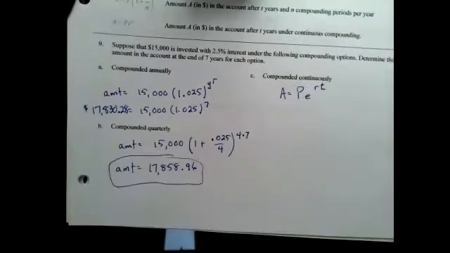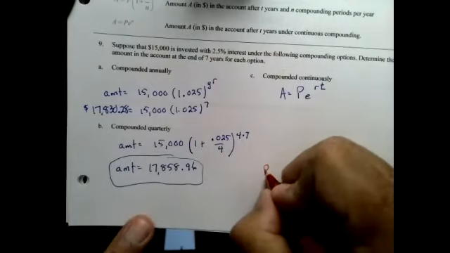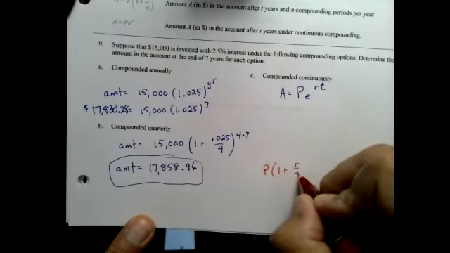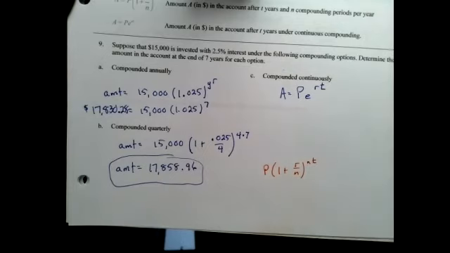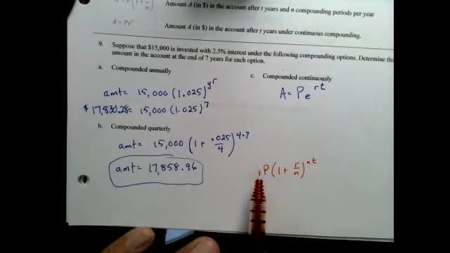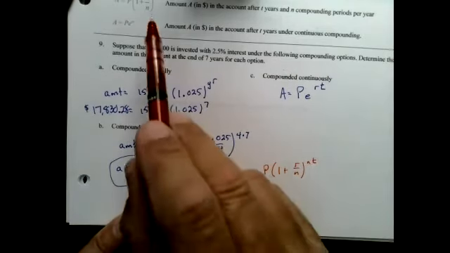Now, what if I took that formula? I'm going to do this in red. That formula right there, P times 1 plus r over n to the nt power. And there's a little bit of algebra that goes on here, and we start talking about something called a limit, because now my n is continuous.